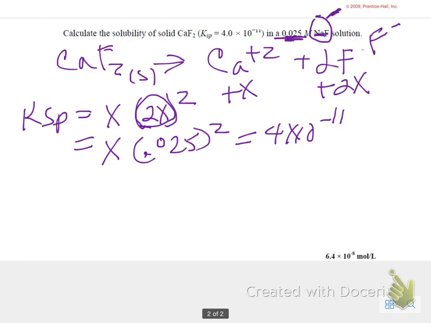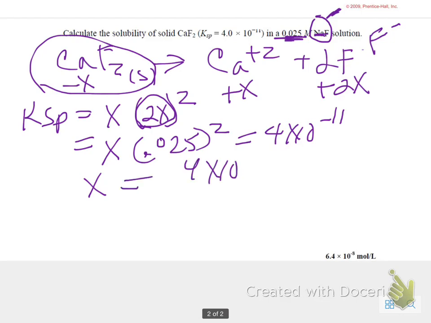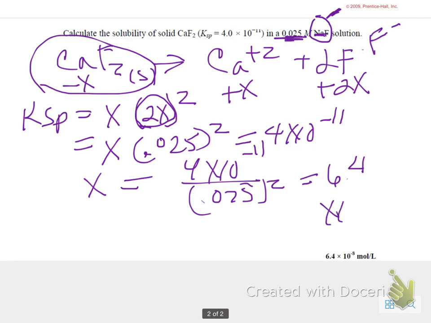So my X, which is my solubility, which is how much of this solid dissolves, is going to be equal to 4 times 10 to the negative 11th over 0.025 squared, and I'm going to get a molar solubility of 6.4, I'm not sure if 6.4 or 6.25, times 10 to the minus 8.